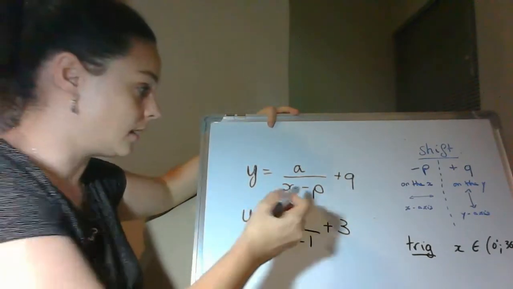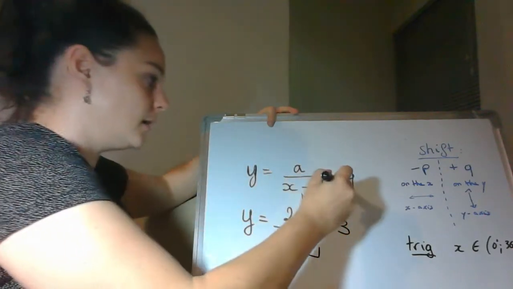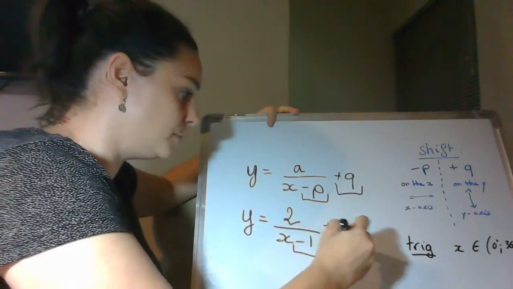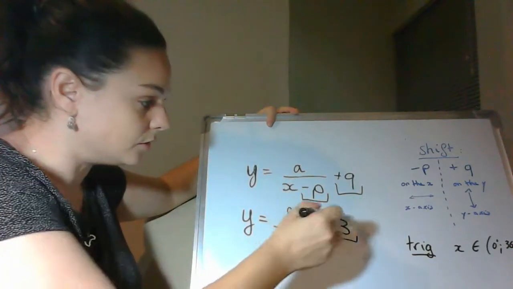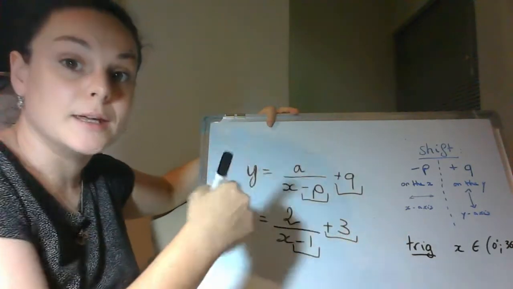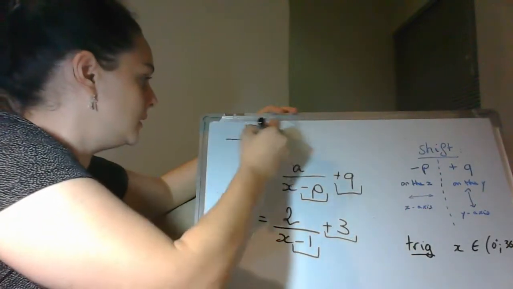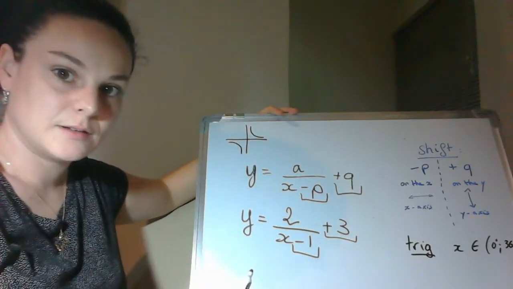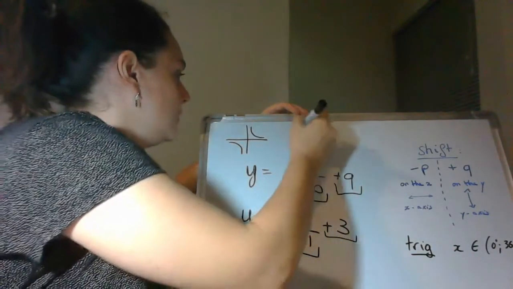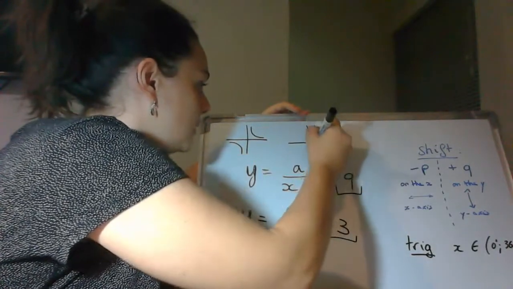Here I've got the minus p equal to minus 1, and I've got the plus q equal to plus 3. If I change one of those values, I'm going to get a new graph, still a hyperbola, still that shape, but shifted 1 unit right and 3 units up.